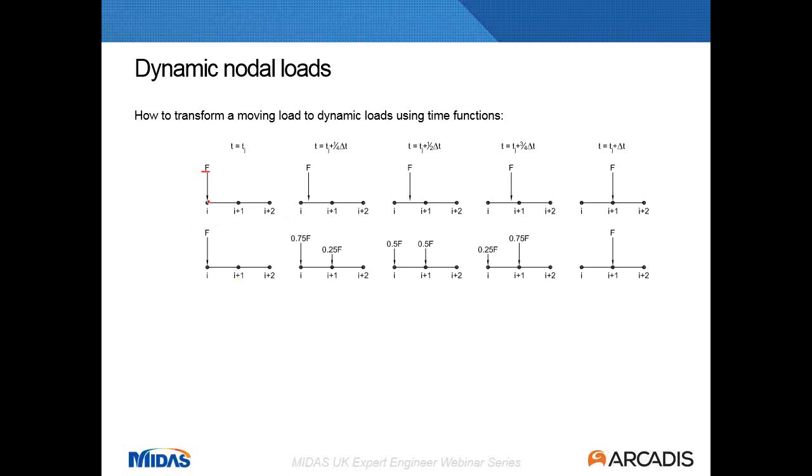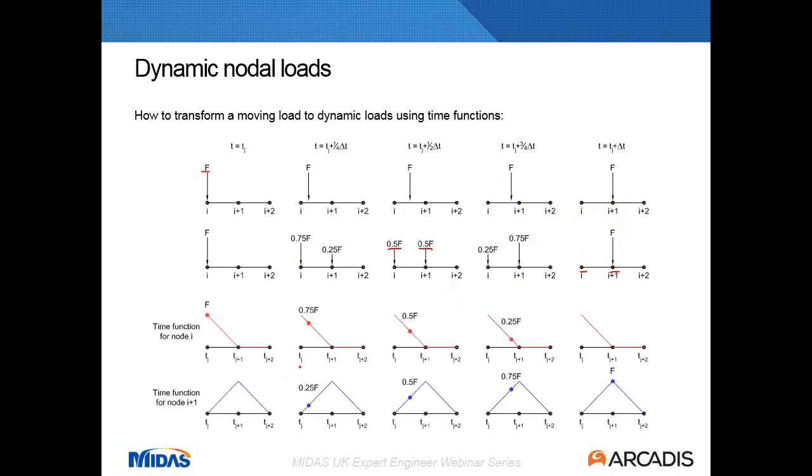So if the axle is on the first node, we'll have 100% of the axle force on the first node. If the axle is between the two nodes, then we will use just half of the axle force in the first node and half of the axle load in the next node. And until the axle moves to the next node, and then the first node will have 0 force, and the next node will have the full axle force.